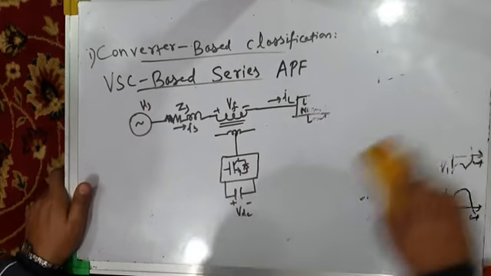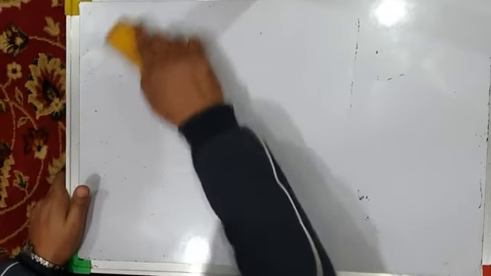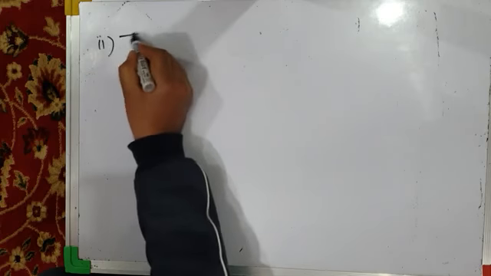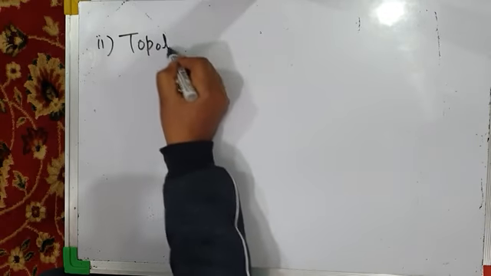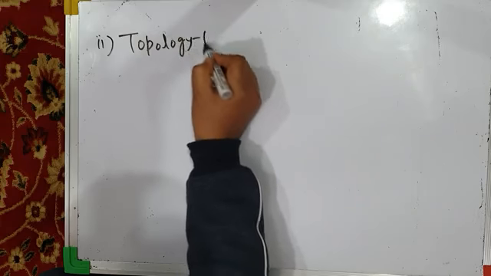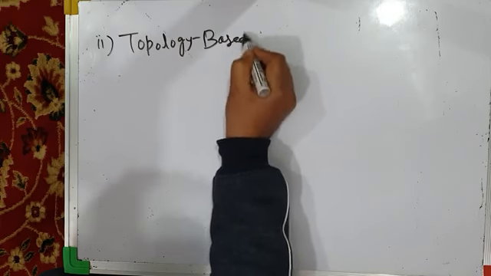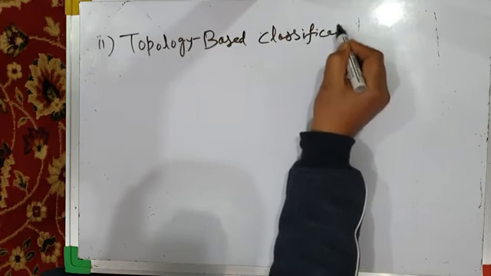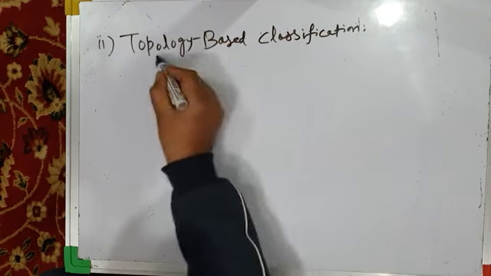What is the other type of classification? The other type of classification is topology based classification. On the basis of the topology of the voltage source converter that you are using, you again have two types of series active power filters.